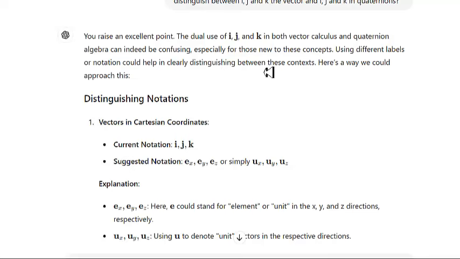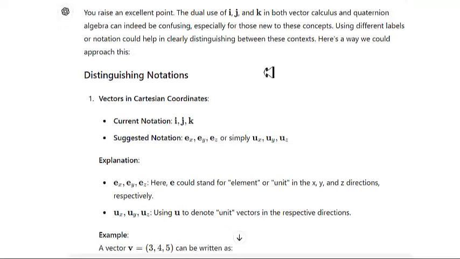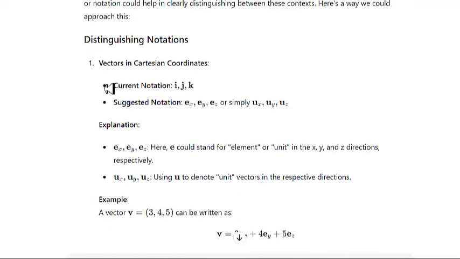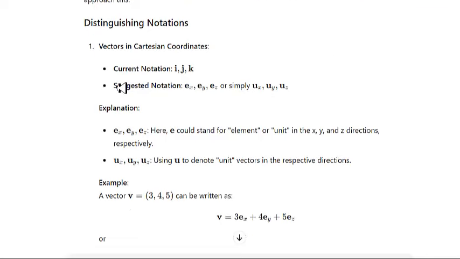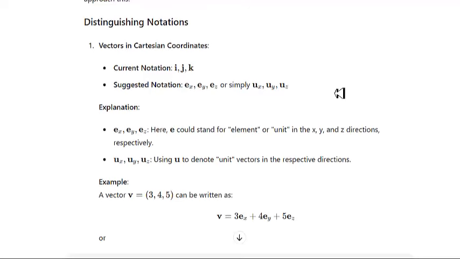And here's a way we could do this. Distinguishing notations, vectors in Cartesian coordinate systems. The current notation is i, j, and k. They are suggesting the notation e sub x, e sub y, e sub z, or u sub x, u sub y, and u sub z for the unit vectors.